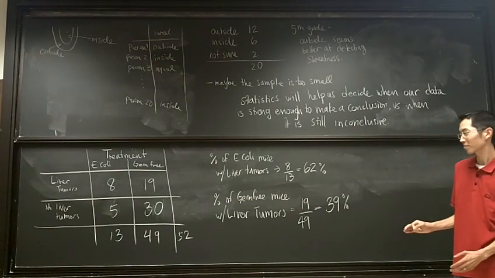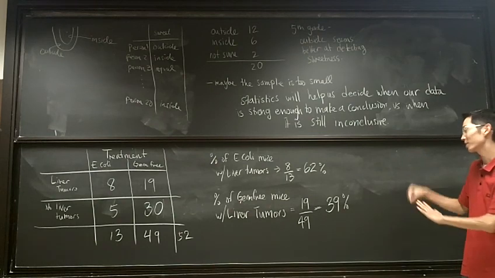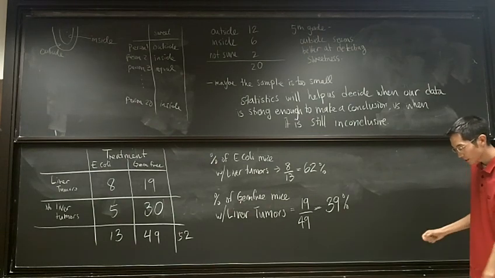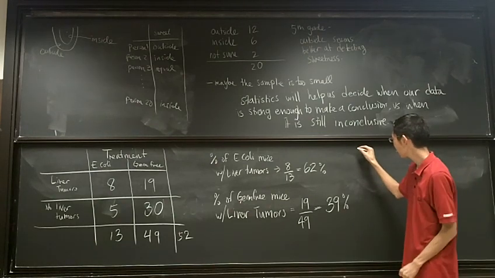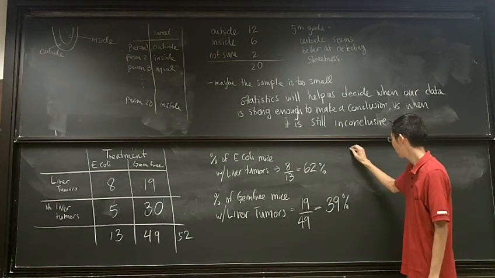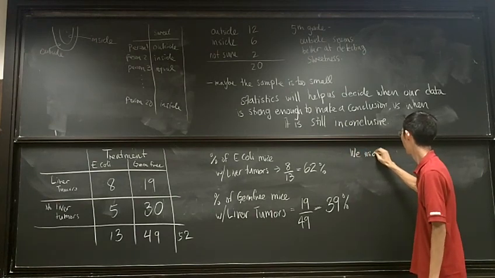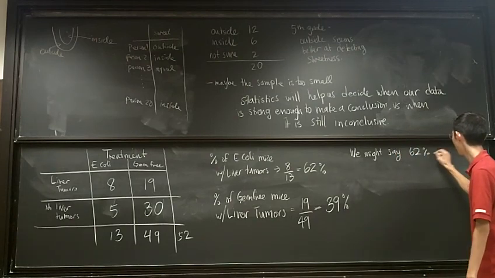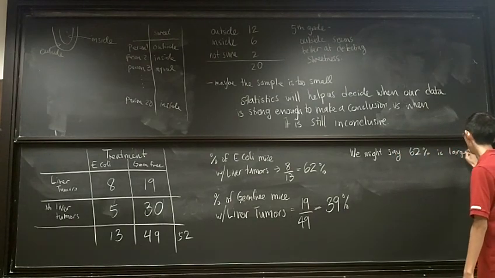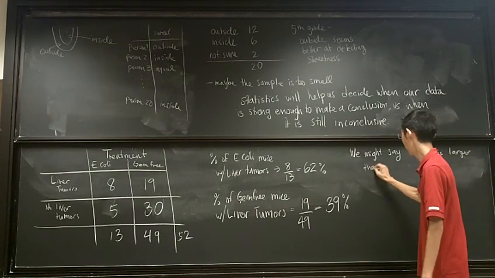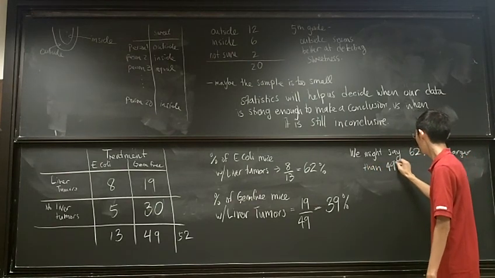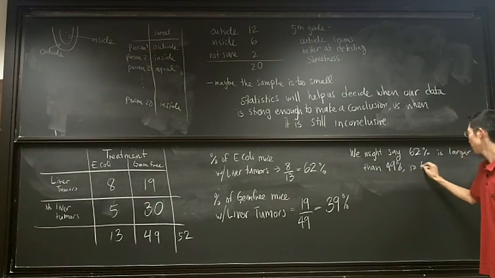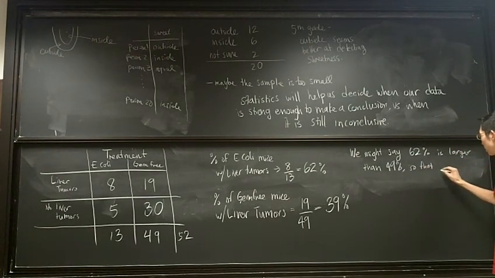So our first glance conclusion, okay, so we might say 62% is larger than 49%, so that shows us, 49 or 39?